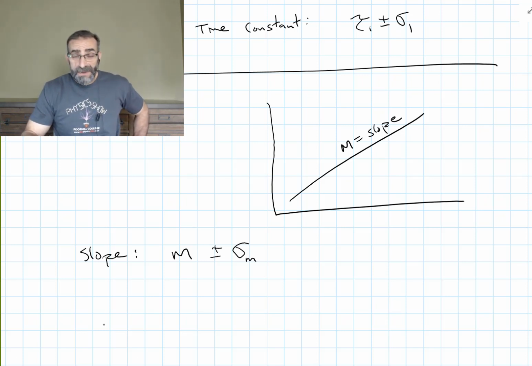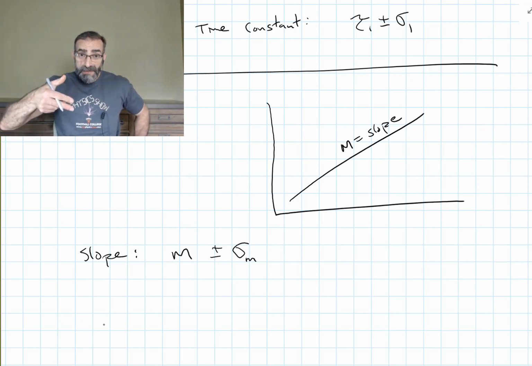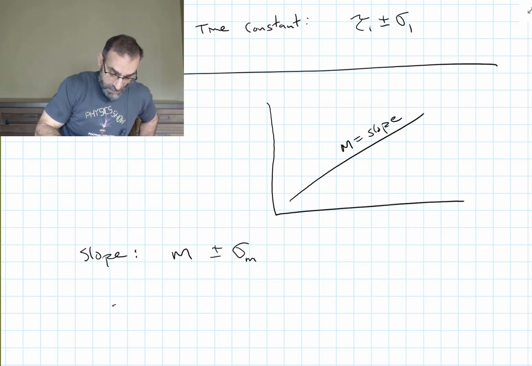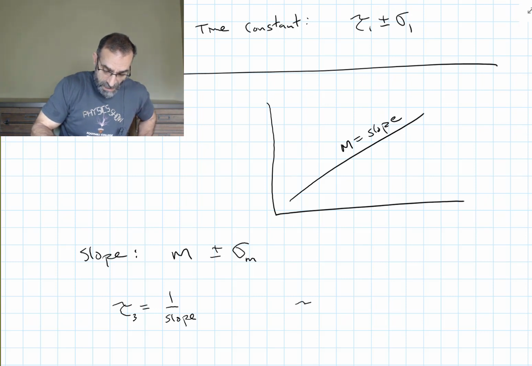But we don't want our slope. We want the reciprocal. We want 1 over our slope. Tau is equal to 1 over the slope, right? This is for tau 3, I guess we could call it. So our tau 3 is going to equal 1 over the slope.